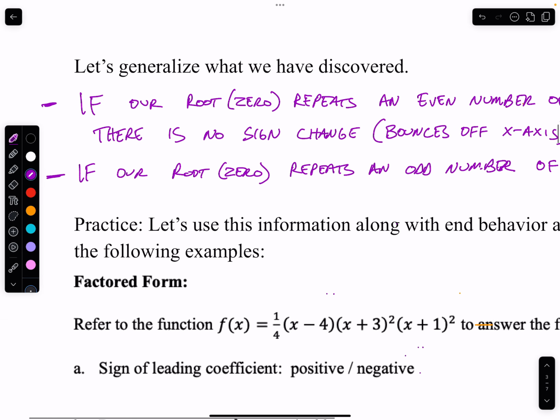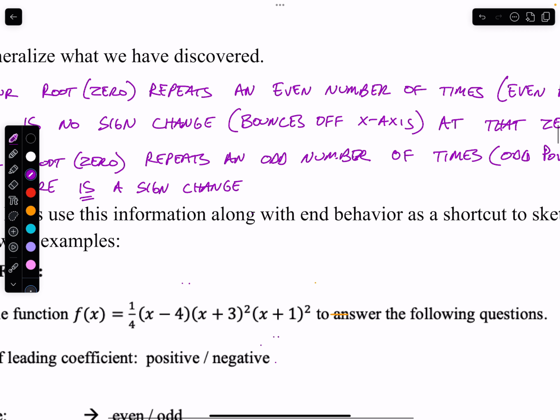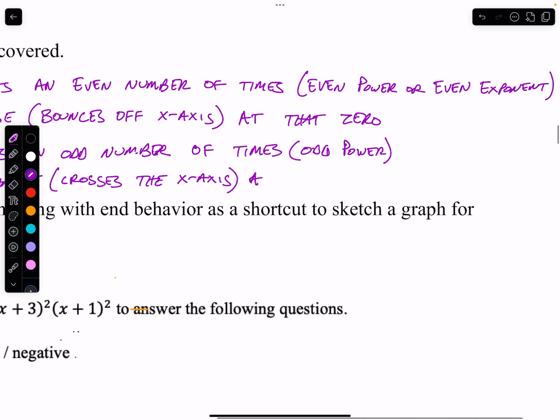Right? Then there is a sign change. That means it crosses the x-axis at that 0.